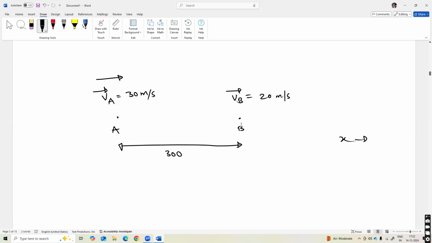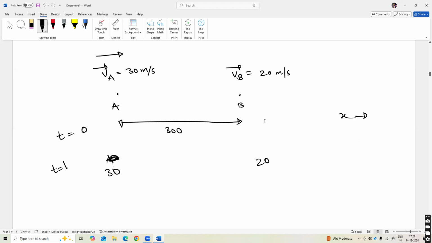Now in this case, if we have to find the distance between them after 1 second: initially at t equal to 0, it is 300. After 1 second, A will travel distance equals speed into time. So when t is equal to 1, A will travel 30 meters towards positive X, whereas B will travel 20 meters in 1 second.